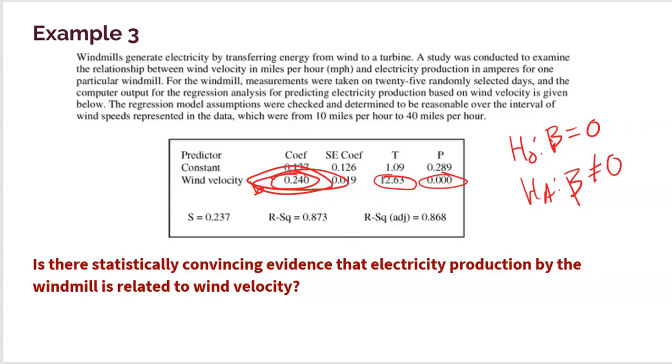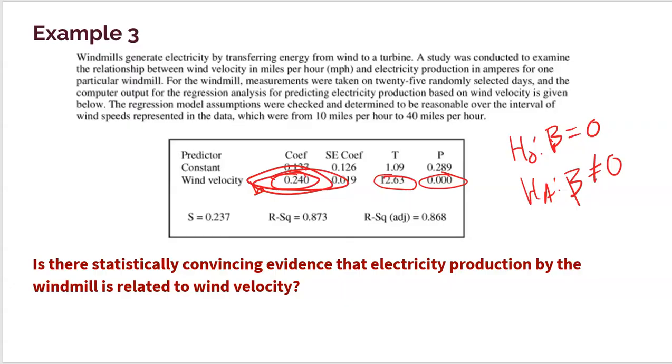Now, if I have to write this up, obviously I'm going to write it up all nice. I could skip step 2 because I already have the conditions checked. But again, the t-score is given, the p-value is given. All I'm going to basically say at the end here is, since my p-value is 0.000, and remember, the p-value in the table is the correct p-value for an alternative of not equal to, so if the p-value is less than, well, 0 is going to be less than 1% or 5%, I will clearly reject the null.